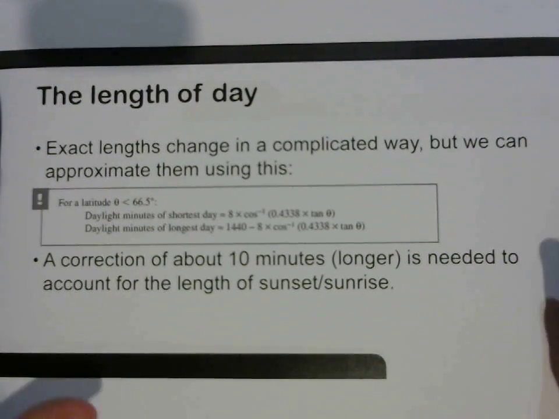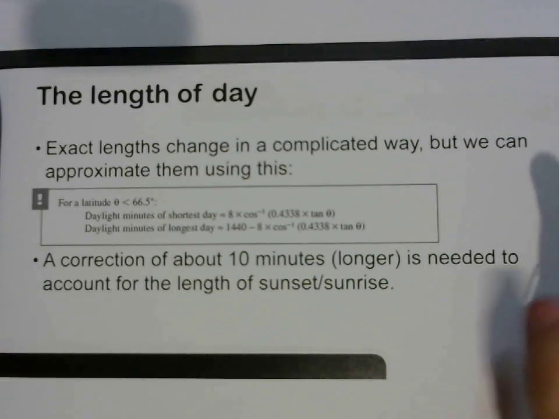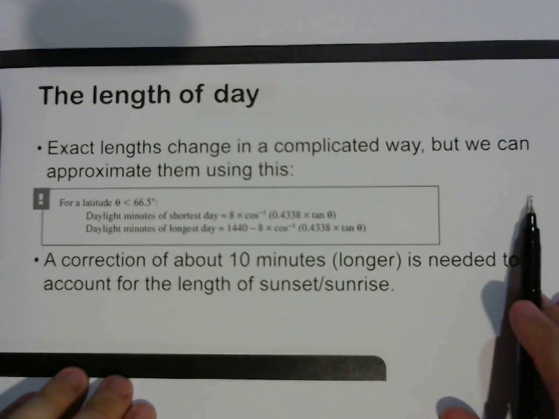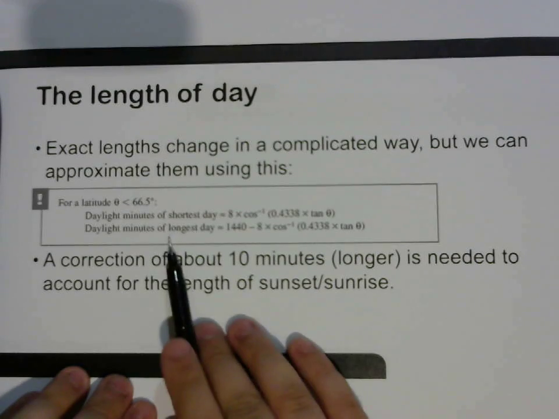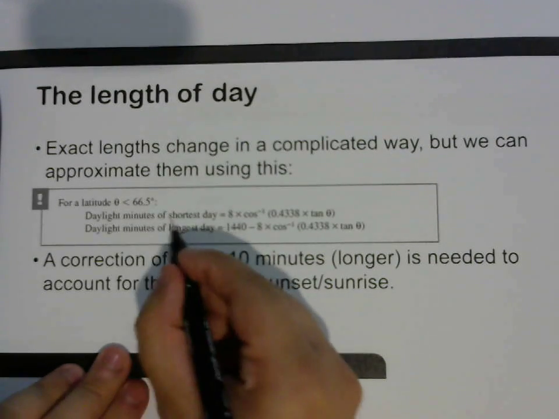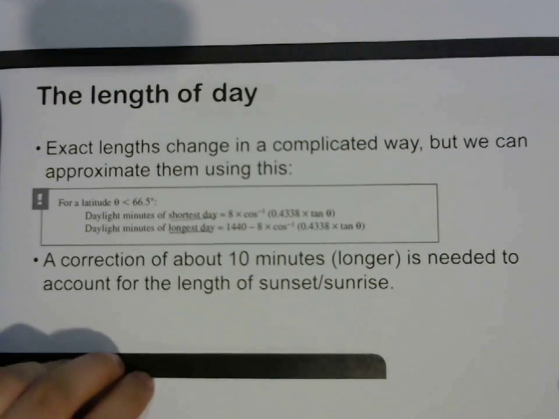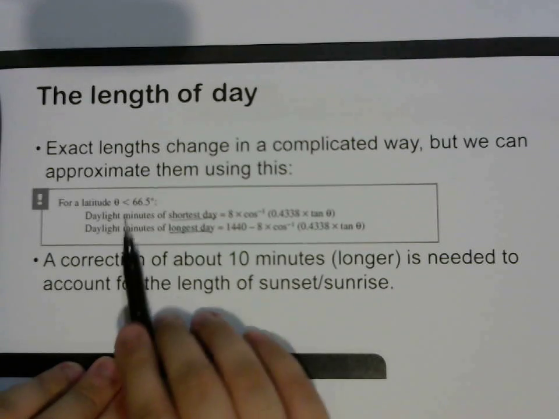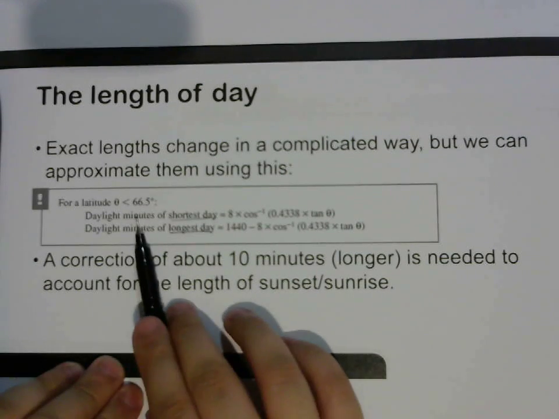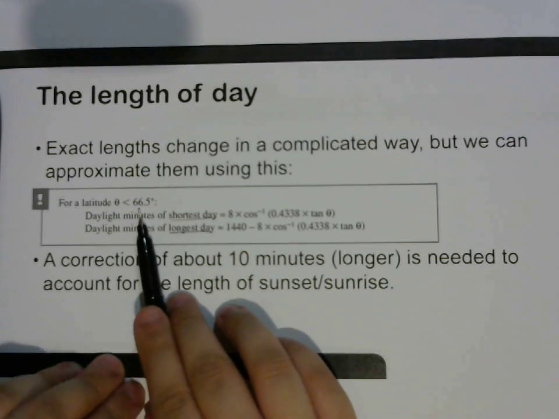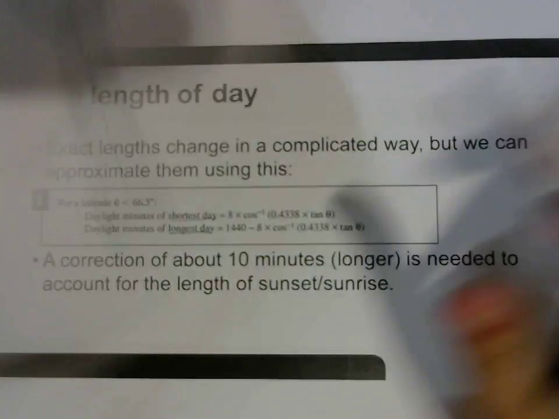Now to actually calculate this accurately is a big job, but we do have some rules for the shortest day and the longest day. Now this only works for any latitude smaller than 66.5 degrees.